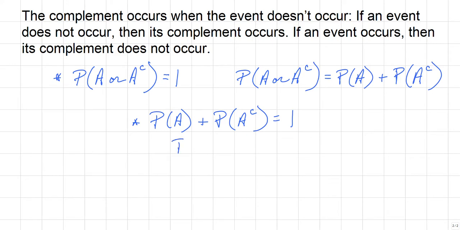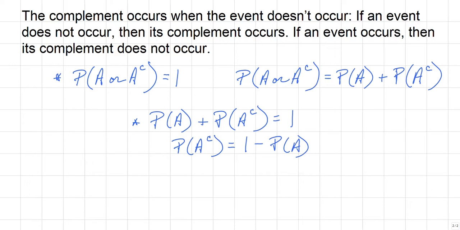The probability of A complement will be equal to 1 minus the probability of A. And we're going to use that to help find probabilities when we know the probability of either the event or the complement of the event occurring.